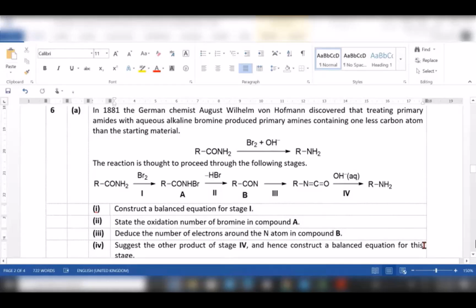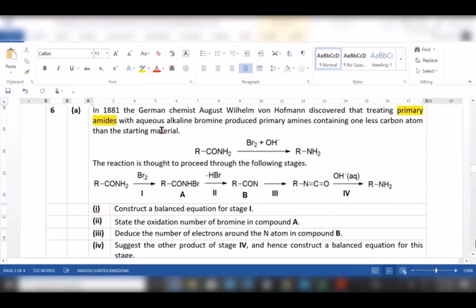It's about a German chemist, Hofmann, not the Nobel laureate, someone else, long before the Nobel laureate Hofmann. He discovered that if I treat a primary amide with aqueous alkaline bromine, I produce a primary amine with one less carbon. There is a new term here, but please don't be alarmed.